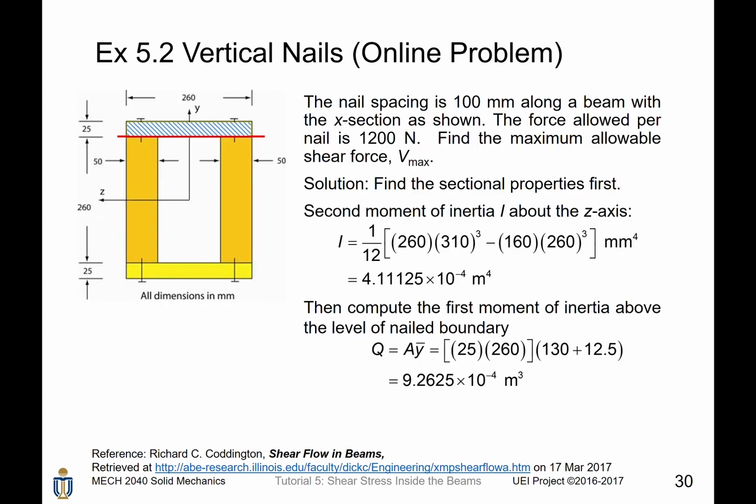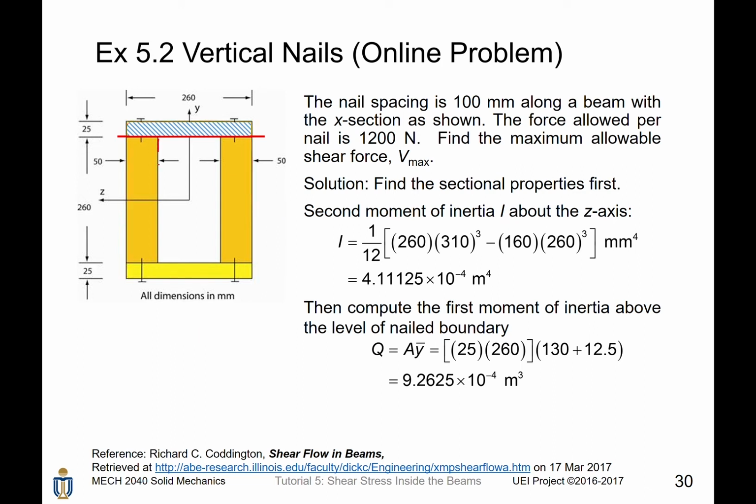Since we are going to find the maximum allowable shear force, first we compute the sectional properties. The second moment of inertia I about the z-axis is given by the outer rectangular region minus the inner rectangular region. For the outer rectangular region, it has a width of 260 and a height of 310. Then, the moment of inertia of the outer part is given by 1/12 of 260 times 310 to the power 3.